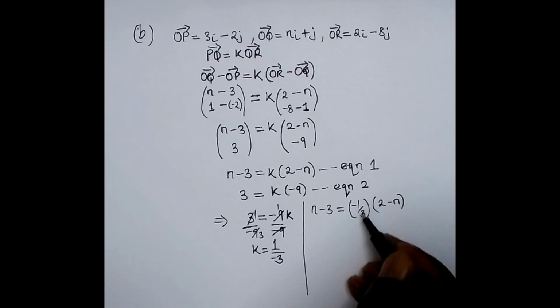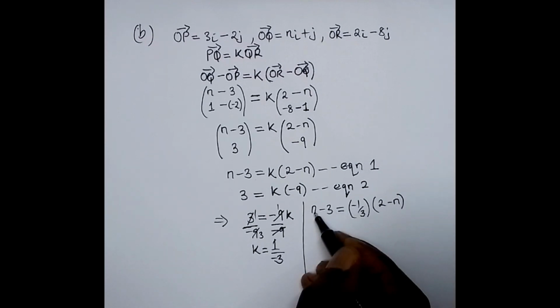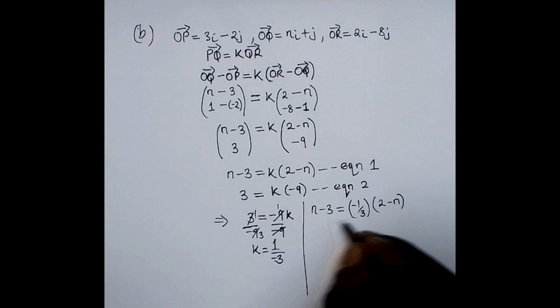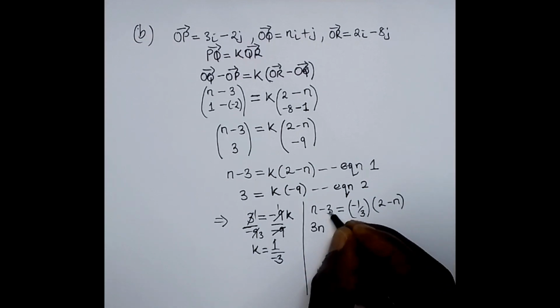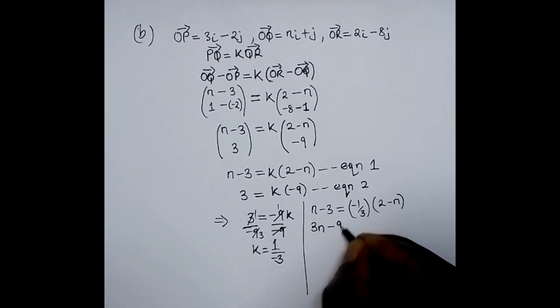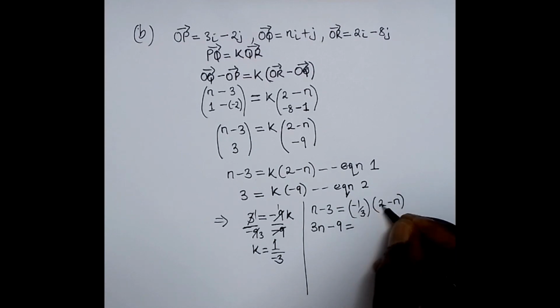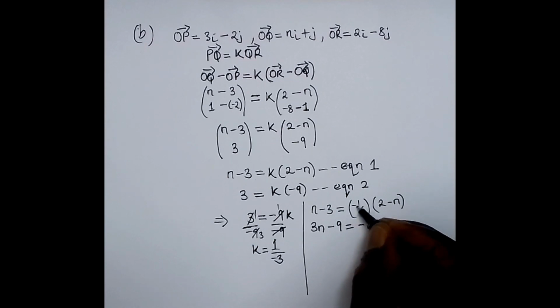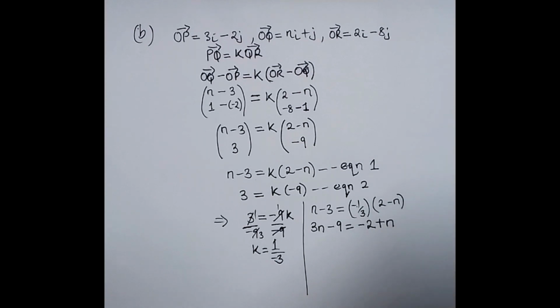Now if this is a fraction, then the 3 below can multiply with what we have on the left side. So 3 times n minus 3. 3 times n gives us 3n. 3 times negative 3 gives us negative 9, equal to, here we've got a negative 1. So negative 1 will multiply with the 2, giving us negative 2. The negative 1 will multiply with negative n, negative times negative gives positive n.